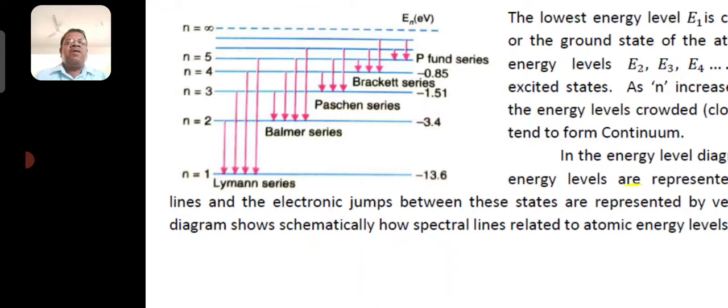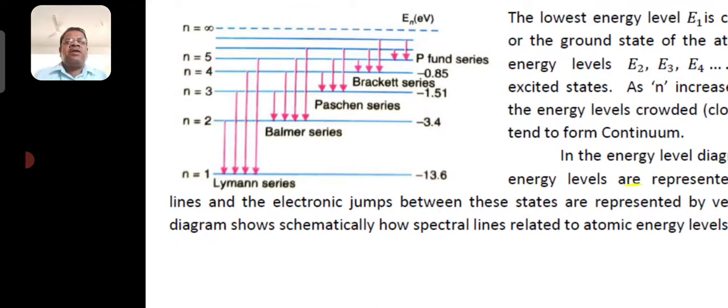Similarly, the Balmer series ends in the second orbit. The first member starts from the third orbit. The second member starts from the fourth orbit. The third member starts from the fifth orbit. Now, when an electron jumps from the third orbit to the second orbit, we get the longest wavelength of the Balmer series, that is the H alpha line.